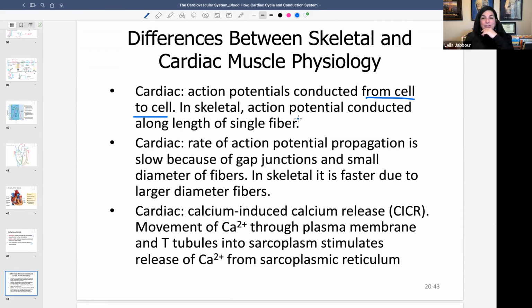In skeletal muscle cells, the action potential is conducted along the length of a single fiber, so you need a neuromuscular junction. You need a neuron to stimulate that one fiber, and that's it. They don't talk to each other like cardiac cells do. The rate of action potential propagation is slow because of the gap junctions and the small diameter of fibers. In skeletal muscles, it's a little bit faster.